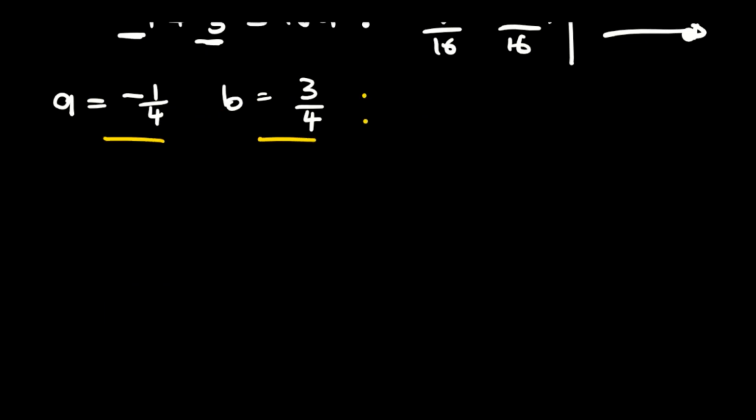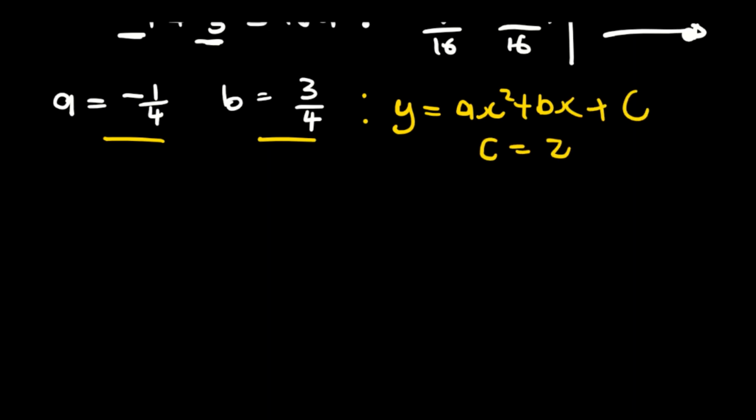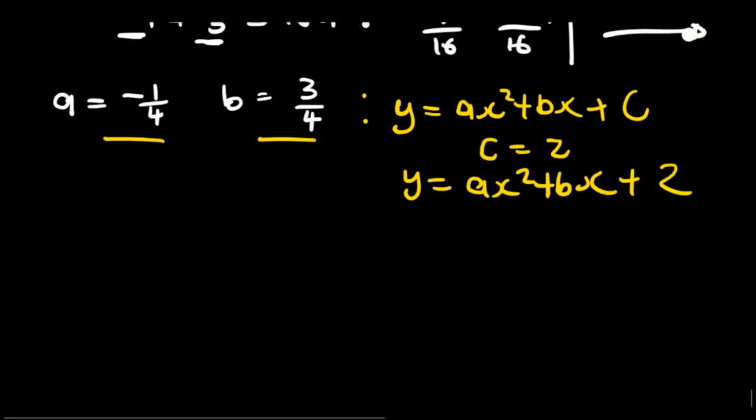We can find our equation of a parabola. Remember that the equation of a parabola was y = ax² + bx + c, which, if you remember clearly, c was equal to 2. So y = ax² + bx + 2. So what was required is for us to find the value of a and the value of b, which in this case we just found. a is given as -1/4, b is given as 3/4.